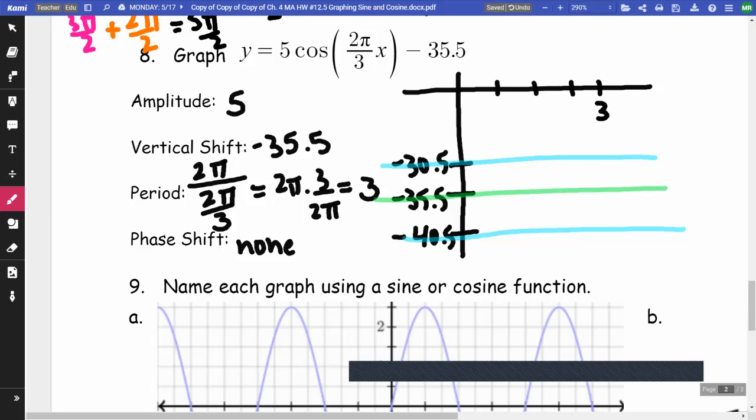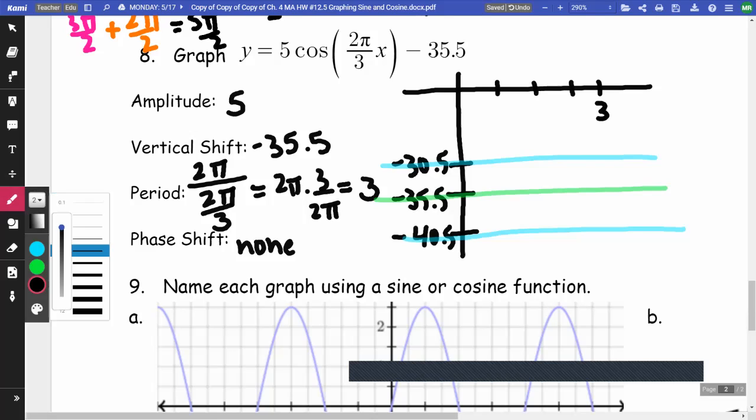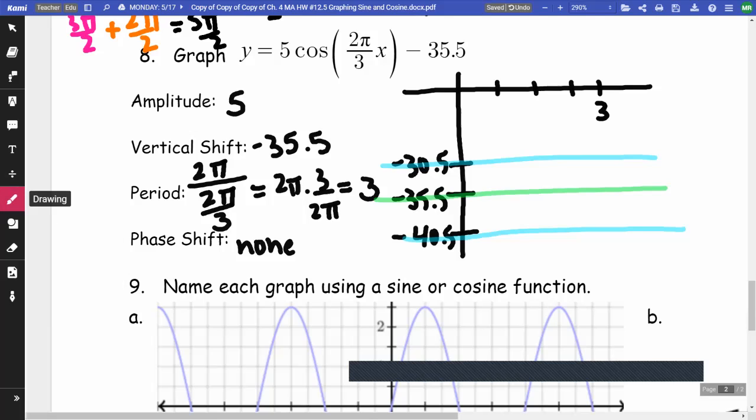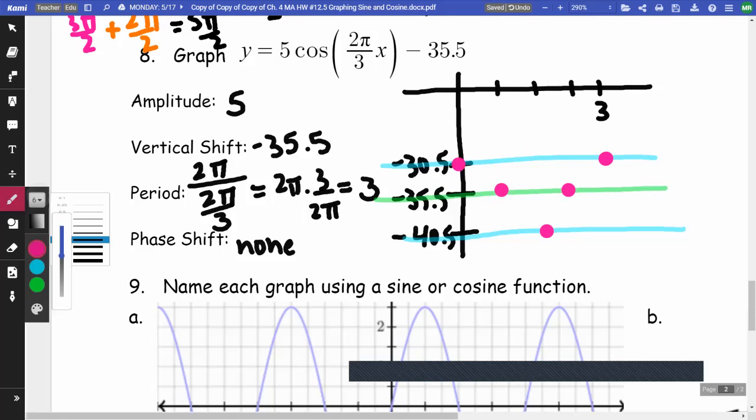And then I'm going to draw my graph, which is a cosine. So for a cosine, it's high to high or low to low. Since this is positive, it's going to be high to high. Halfway is a low, and halfway between those are my zeros. And then I'm going to graph it. And there's our cosine.